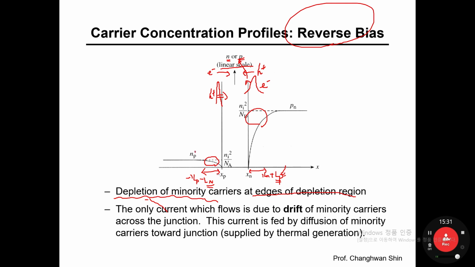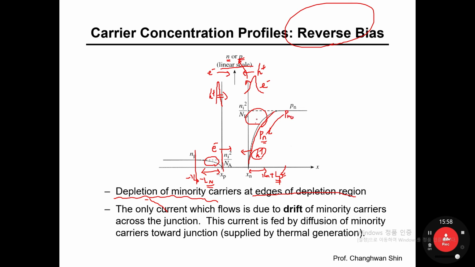So in this region, as we have learned, the thermally generated electrons and holes would get into the depletion layers, so that in terms of the hole concentration near the depletion layer edge, the hole concentration p in the n side should be smaller than p_n0, okay?